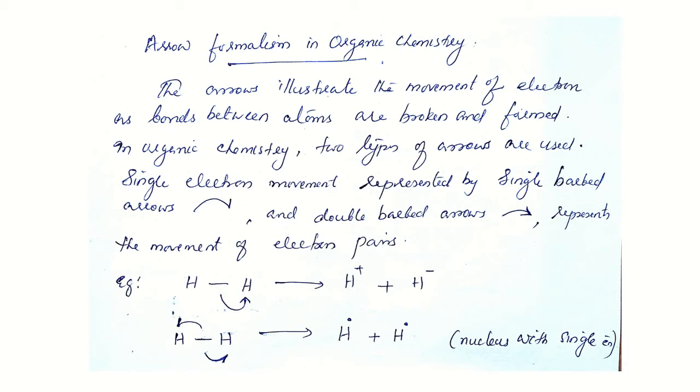The two electrons, that means double barbed arrow, where the electrons from this hydrogen are completely shifted towards this hydrogen. So you will get a positive charge for the loss of electrons and a negative charge for gaining the electrons. But in another example, here this bond is broken and there is a single barbed arrow towards this left hydrogen and another single barbed arrow towards this hydrogen.